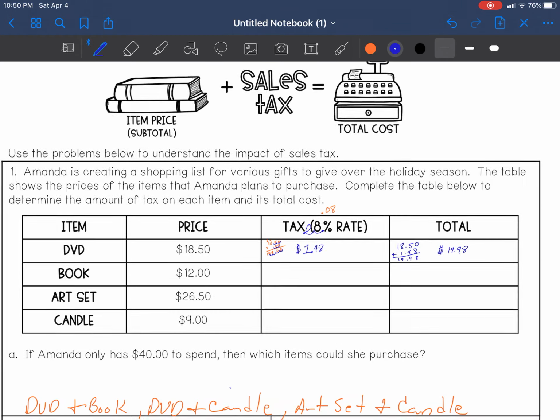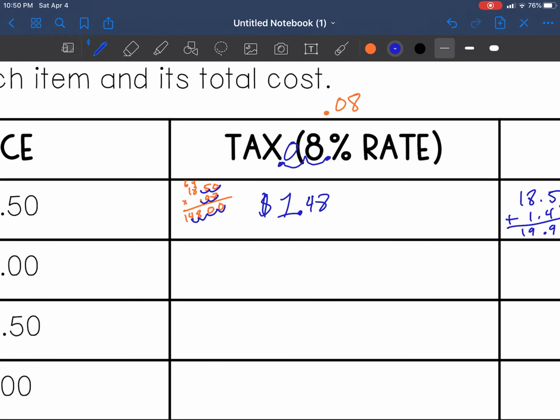Next one. Our book is $12. All right, so we've got $12 times our tax, which is 0.08. 8 times 0, 0. 8 times 2 is 16. 8 times 1 is 8 plus 1 is 9. These decimal places, 1, 2, 3, 4.